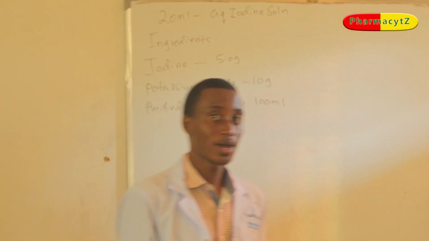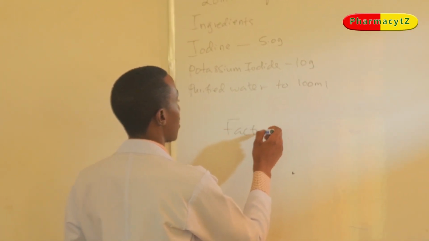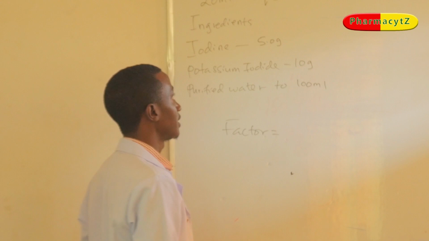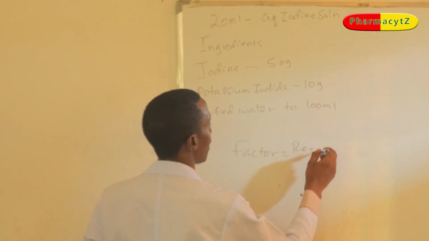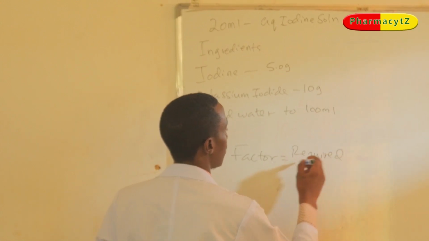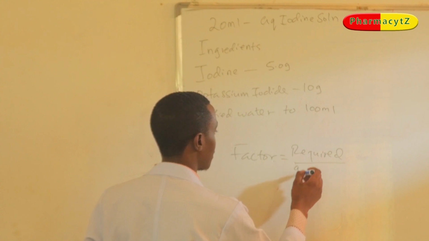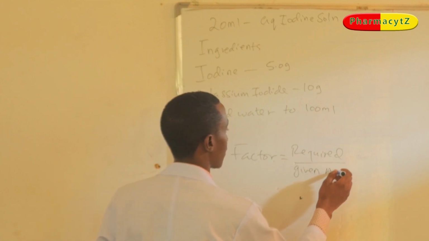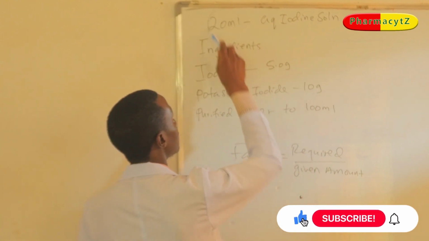Now to get the amounts required, we need to get the factor first. The factor is obtained by taking the required amount over the total amount in the official formula, or the given amount. The required amount is 20 ml.